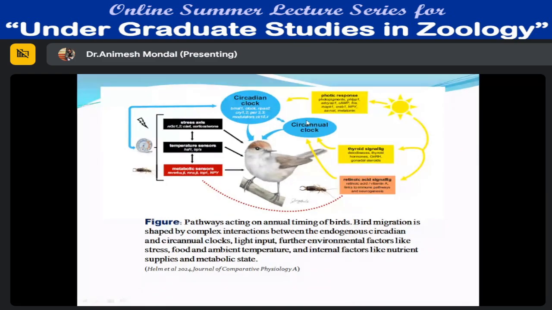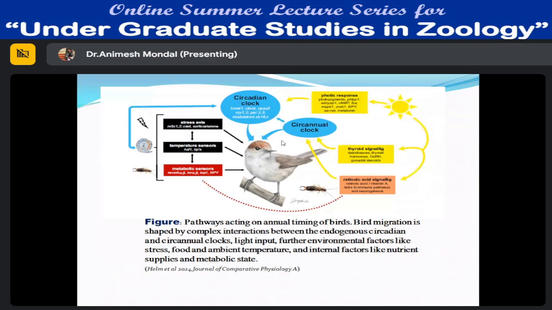Other signaling mechanisms mean photic response, thyroid signaling, and retinoic acid signaling. All these signaling work together to stimulate the circadian clock, and then this circadian clock stimulates other factors which then instigate the expression of certain genes.